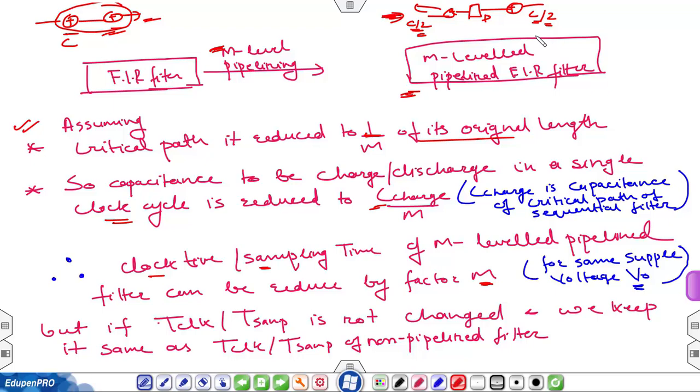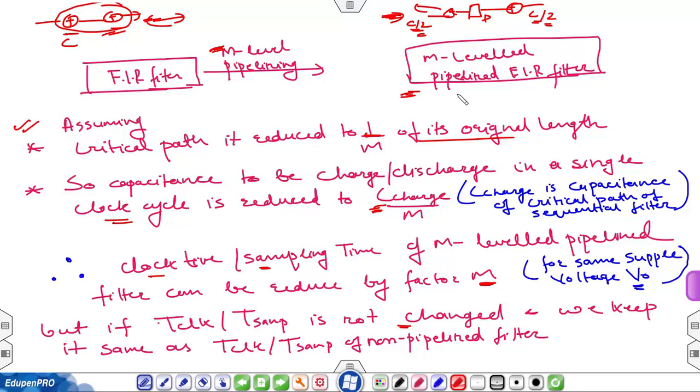So less amount of time is required to charge and discharge this capacitance as compared to the time required for the original system. By this analogy we can say that the time will be reduced by factor M. So with two level pipelining the capacitance is reduced by 2, C by 2, so C charge by M, and time is reduced by factor M.